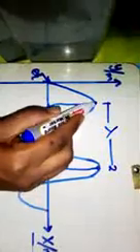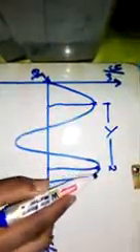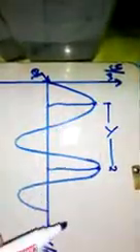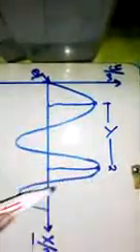Therefore, from this point to this point is wavelength. Why? Because their particles are moving in the same direction, the distance from equilibrium position is the same, and best of all, these two points are consecutive points.